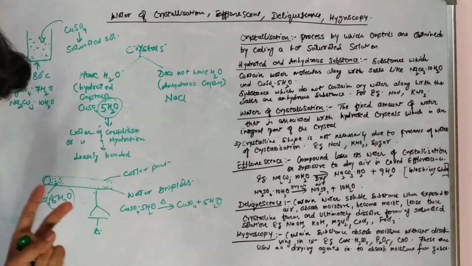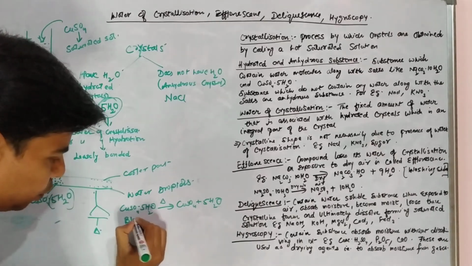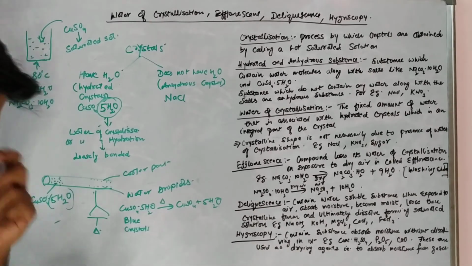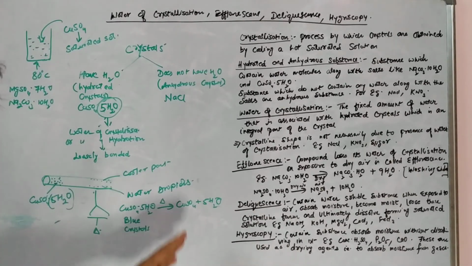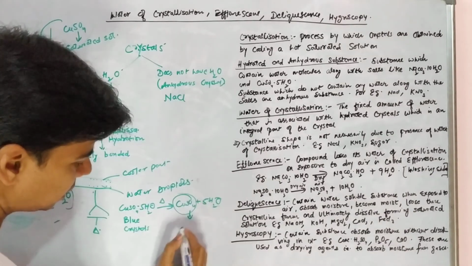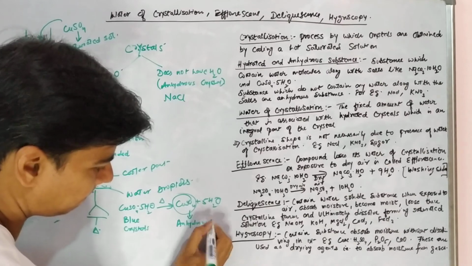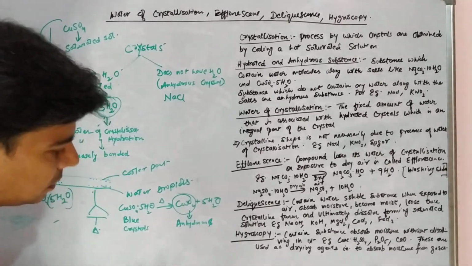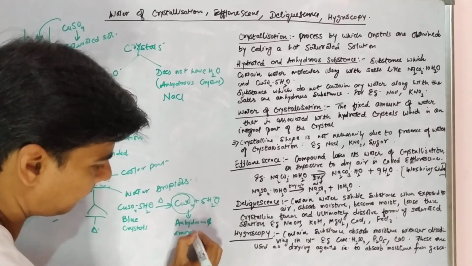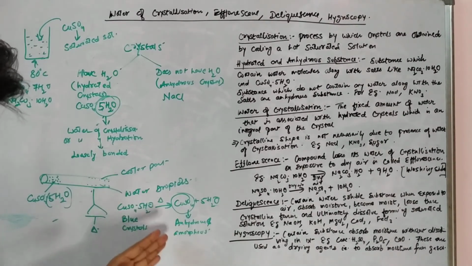Due to this associated water, the color of copper sulfate was blue. These were blue crystals, and when heated, they changed into copper sulfate which is anhydrous, and it will change into an amorphous form.